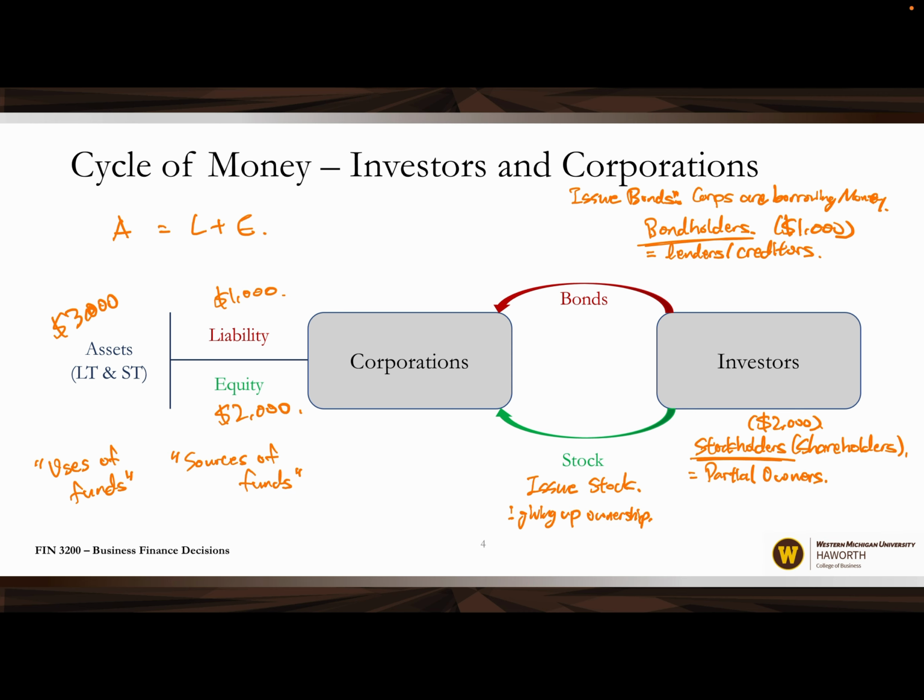At this point, the business is underway, and hopefully the company makes a profit, and investors want to get paid. These bondholders and shareholders are not just nice people giving money away for fun. They need a return on their investment.